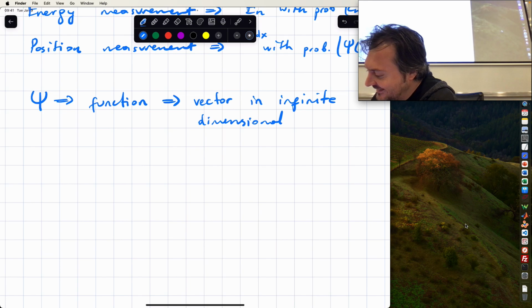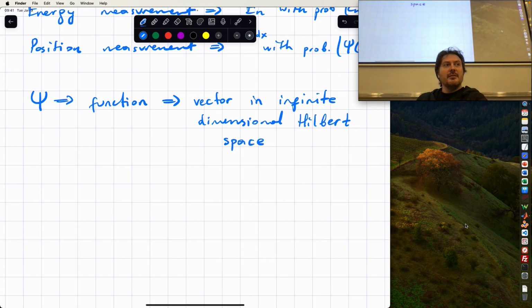Hilbert space. Actually, you should say vector in Hilbert space, because Hilbert space is infinite dimensional. So next time you hear Hilbert space, it's that infinite dimensional space.